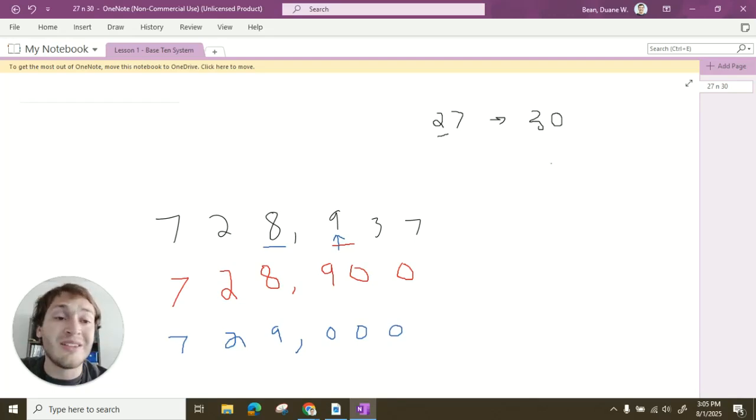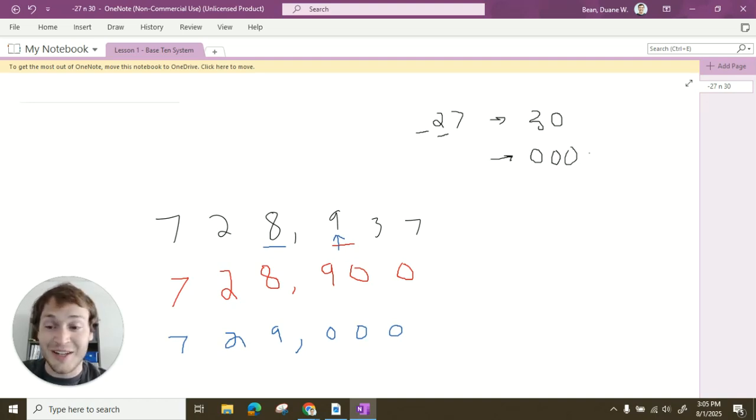Here's where I say that rounding can get a little funky, right? What if I rounded this number to the nearest 100? Well, actually, that 27 becomes 0, because 27 is closer to 0 than it is to 100.